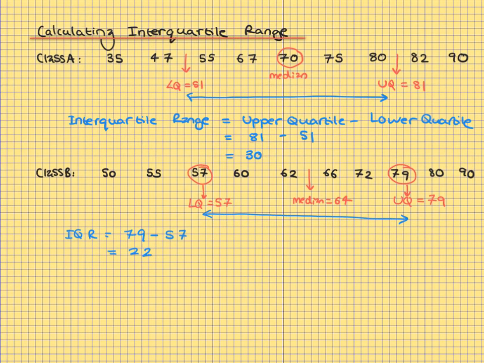So we can see that the interquartile range is less for class B than it is for class A. And this means that the central 50% of the data values have less spread in class B than they do in class A. So the values are closer together within the central 50% for class B, suggesting that there is less spread or less variation in the data set or the results for class B.